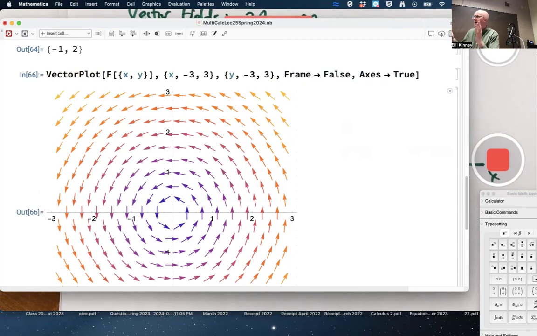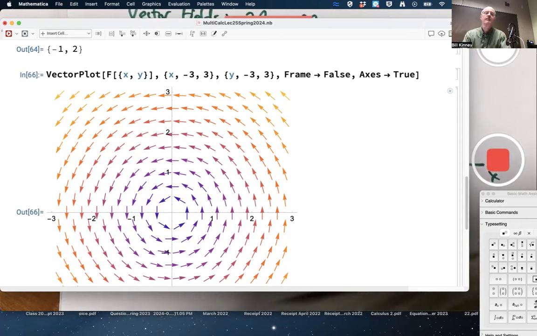Liquid nitrogen, whatever kind of molecules you're talking about, those arrows could be velocity vectors. And again, they're the wrong lengths, so you're losing the speed information, but you are seeing a circulation going on, if this was accurately modeling some fluid flow.